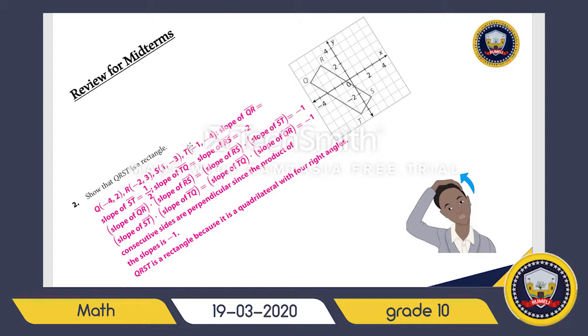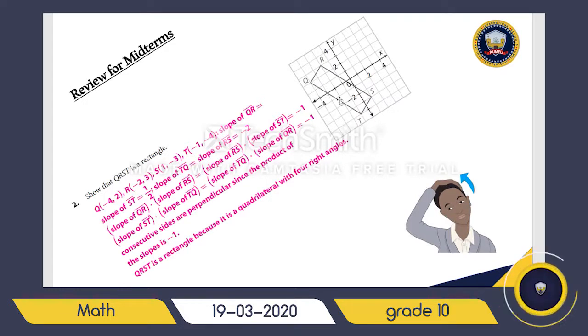Try to make your calculations and check it. That's -2. Now, if I multiply the slope of QR and the slope of RS, okay, QR and ST, it's half, and RS is -2. Half times -2 gives me -1. Now the same thing I'm going to do for ST and TQ.